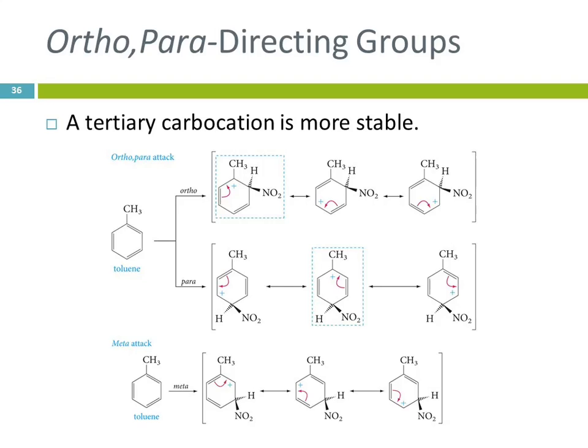So let's look at this with toluene. So in the attack, in that electrophilic substitution, we get a carbocation being formed. If we get the attack in the ortho position, then we get the carbocation in the number 1 position, and then that can rotate around.